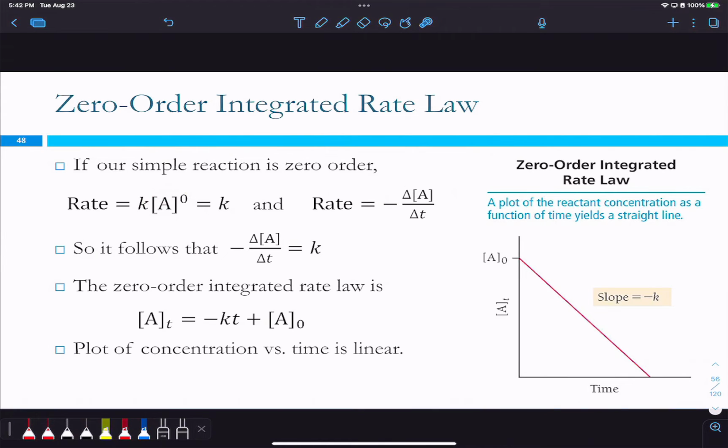And we get the easiest equation, which is just concentration of A at time t is equal to -K times t plus the initial concentration. And again, we're given an equation for a straight line, where the slope is -K.